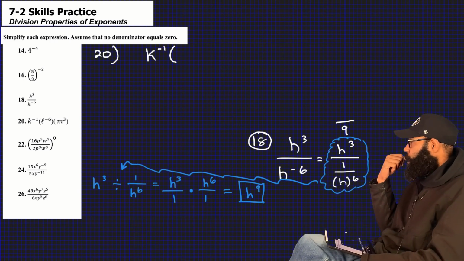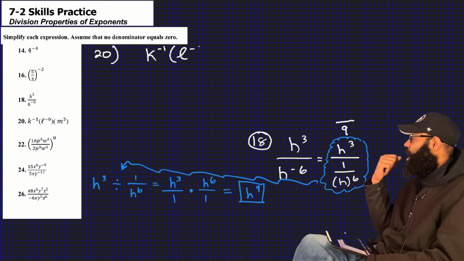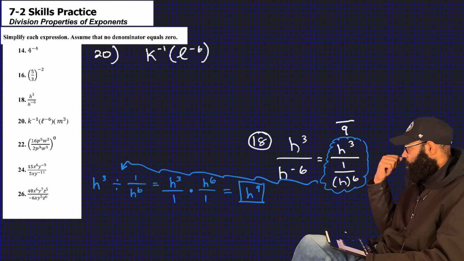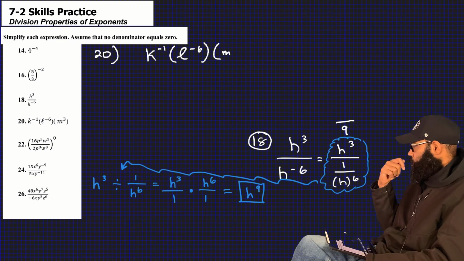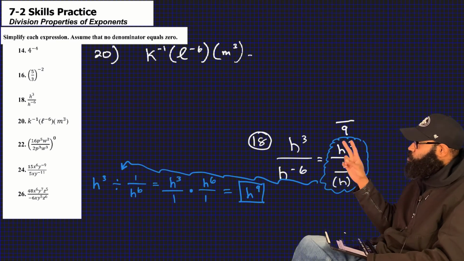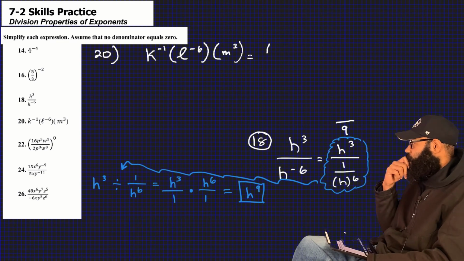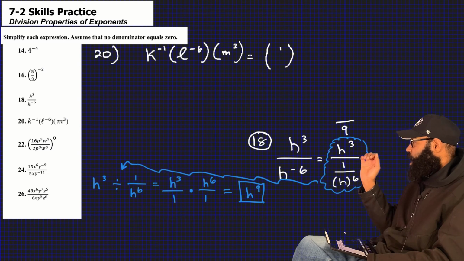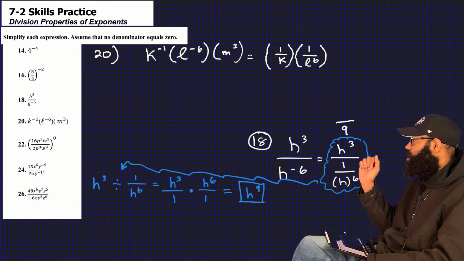20. K to the negative 1 times L to the negative 6 times M to the third. So in this one, guys, I got 2 negative exponents. So my brain says I need to make sure that those go in the denominator. It's only 1 K, but there's 6 L's. L to the 6.